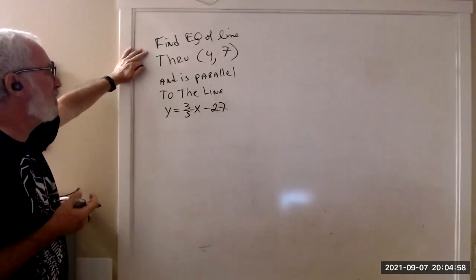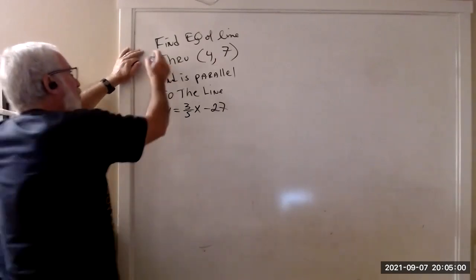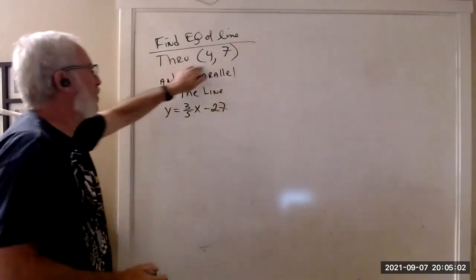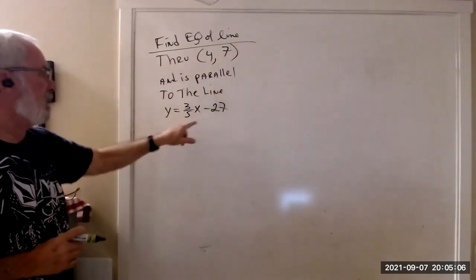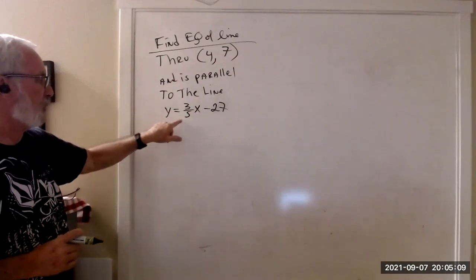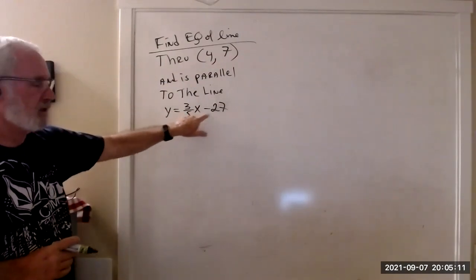Find the equation of the line that goes through this point (4,7) and is parallel to the line y = 3/5 x - 27.